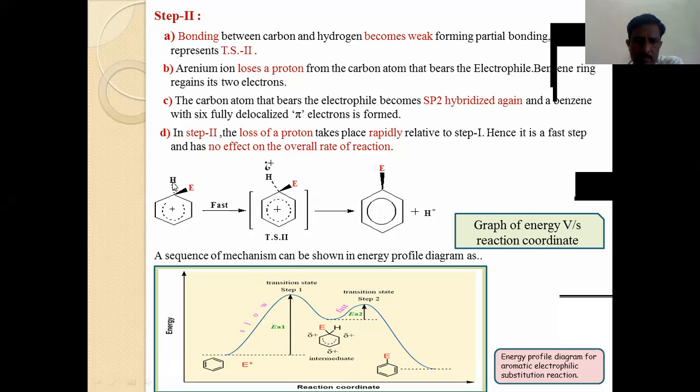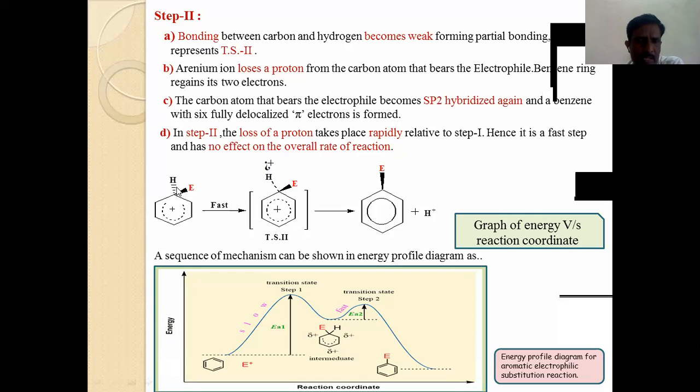One of the hydrogens is already there from the benzene molecule. As the bond between ring carbon and electrophile becomes stronger and stronger, at the same time the bond between this carbon and hydrogen becomes weak.